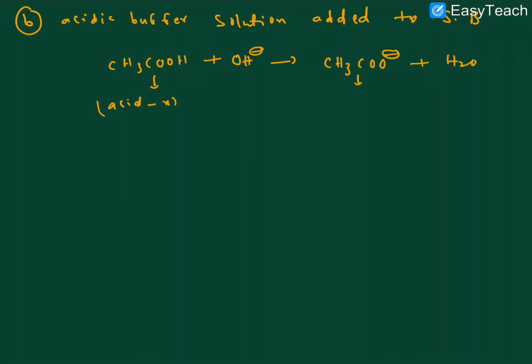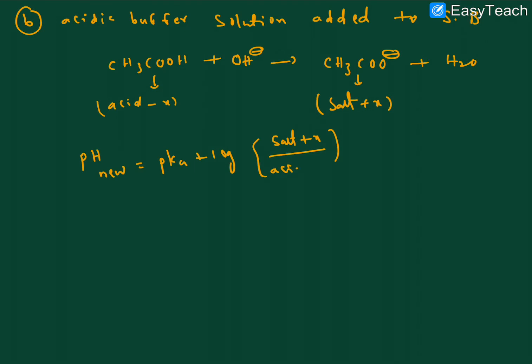Here the acid concentration decreases, so acid minus X. The acetate ion concentration increases, so the salt is salt plus X. This is the difference, right? What is the formula here? The new formula: pH is equal to pKa plus log of salt plus X over acid minus X, right?